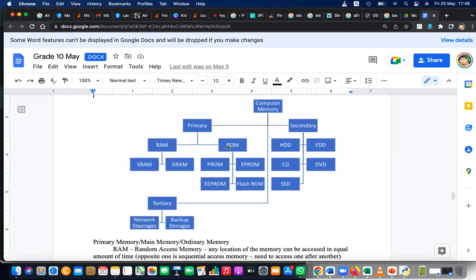RAM is random access. Random access means any place randomly you can access within the same amount of time. It will take same amount of time. Okay, think like this. Can you go to all the cities in Sri Lanka within same amount of time?